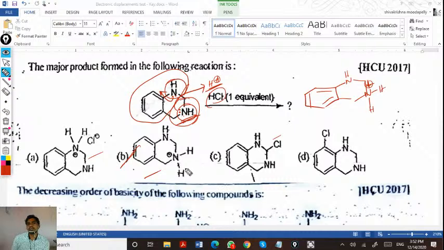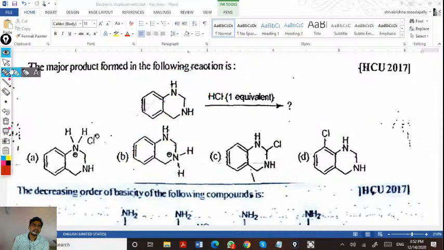After this, if it is heated, it is going to break up the NH2 and form olefin-type systems, if it is elimination-type reactions. So till here is the answer. Next.